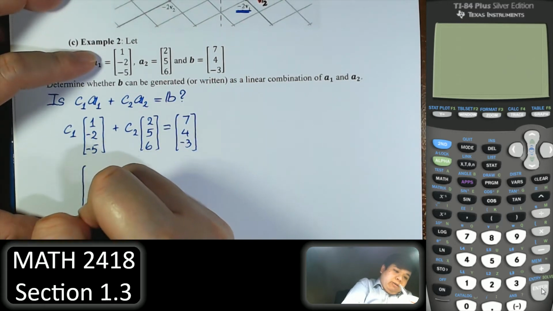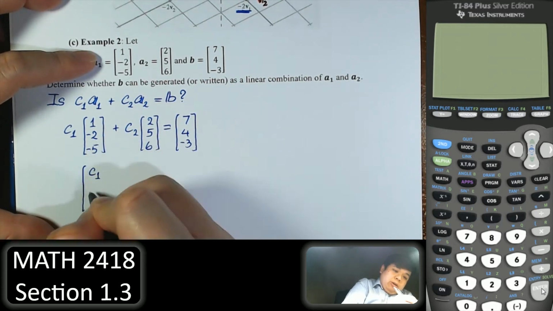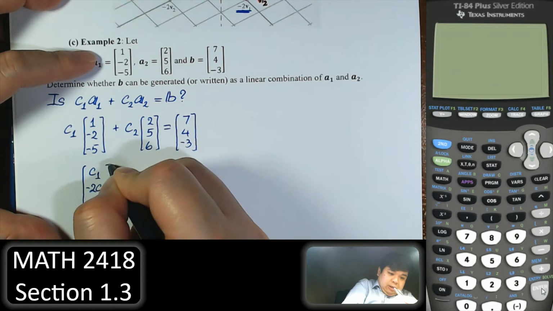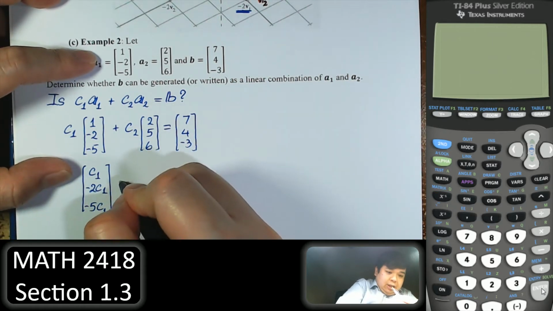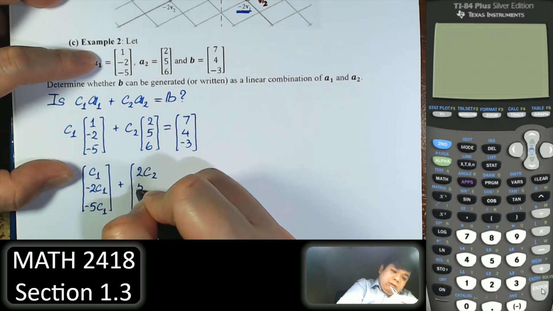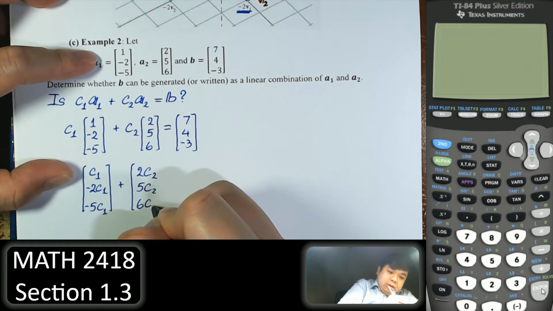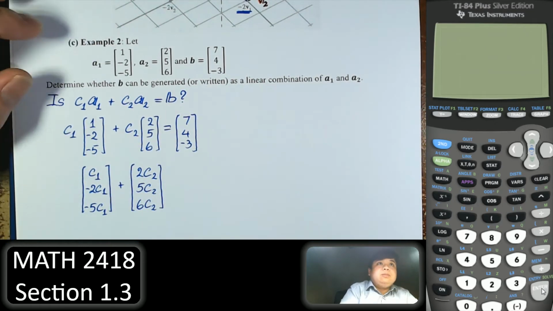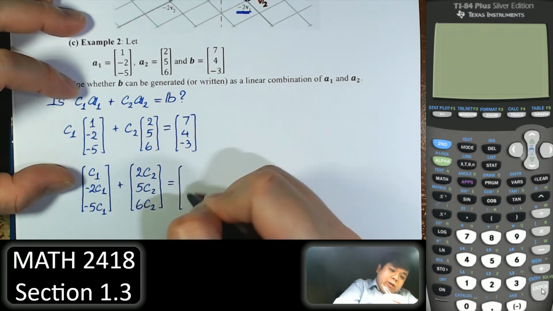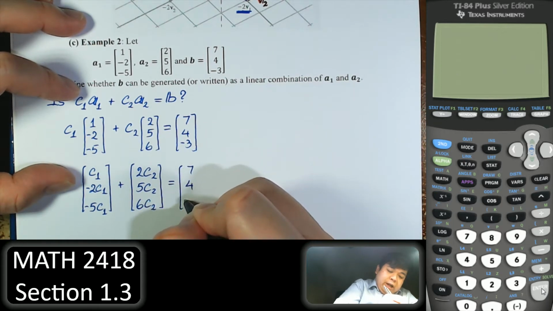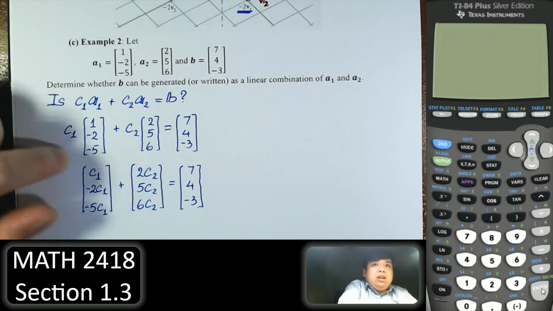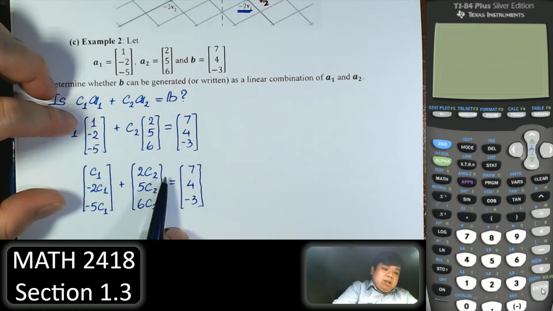So we will have c1, -2c1, -5c1, and then the second vector, 2c2, 5c2, and 6c2, equal to 7, 4, and -3. Right? So just combine the vectors, and we combine them by just adding the components.